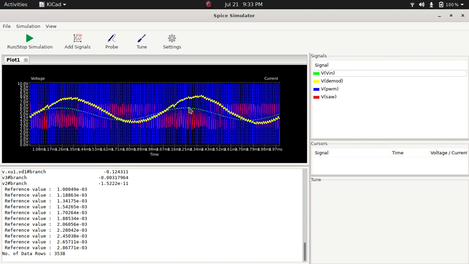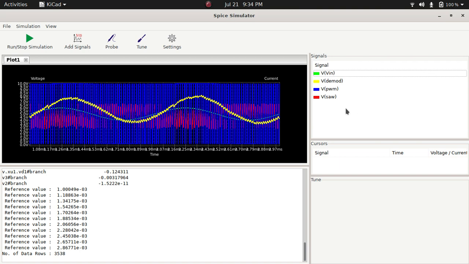You can see that the demodulated signal tracks the input signal with a slight phase shift, but it does track the input signal. There are some high frequency components still left in the output signal, because we are using just a first order RC filter.